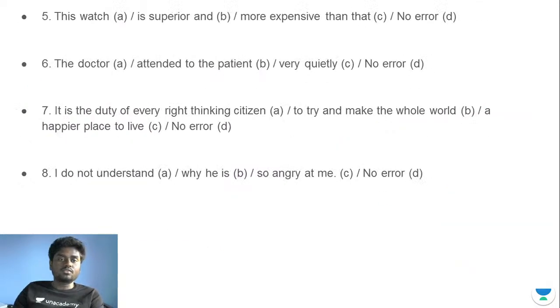Come on. Let's go for the fifth question. Try to get me the right option for the fifth one. Come on, quickly. This watch is superior and more expensive than that.